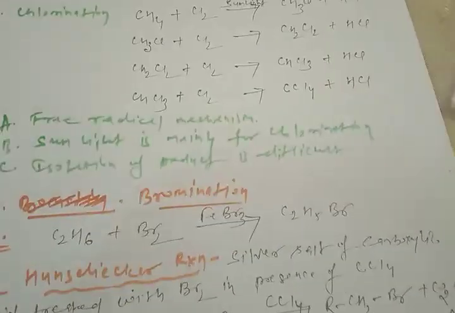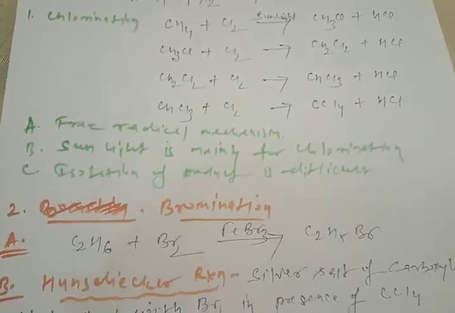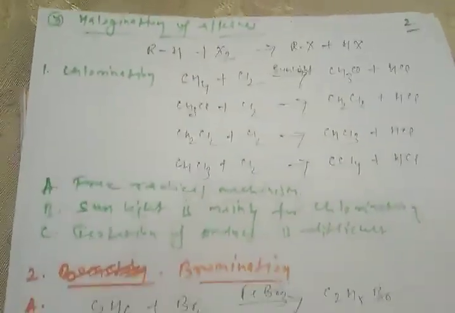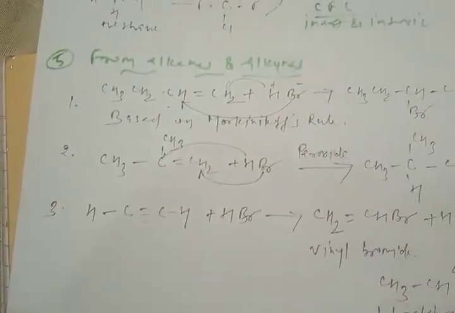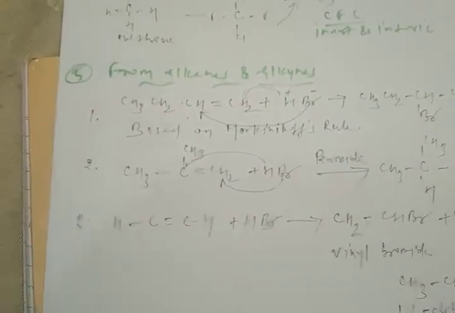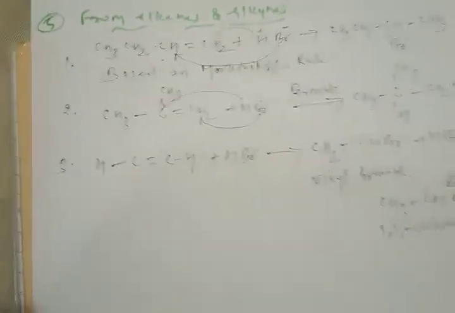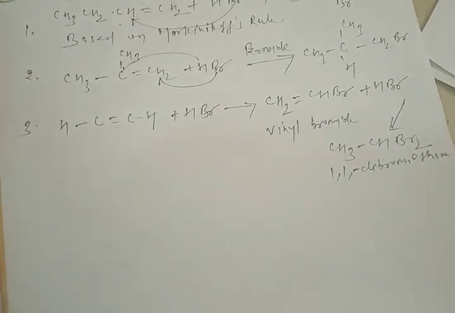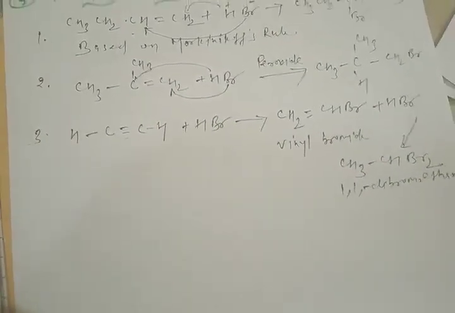Then we have phosphorus compounds. The very important ones are bromination and chlorination, that means the halogenation of alkenes, and then with alkenes and alkynes also.